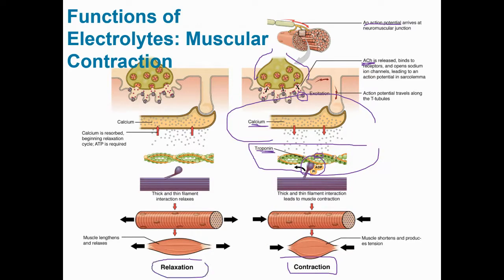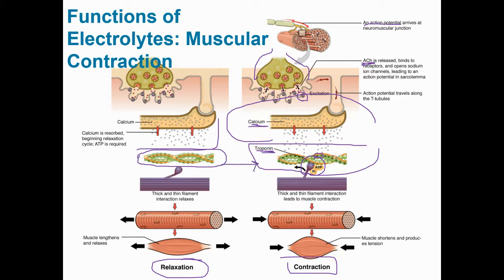You'll notice in the relaxation on the left that calcium is starting to go back into storage. And if you look closely, this is maybe a nicer image to see, this troponin, this orangey line, is basically blocking those binding sites on the little actin strands.